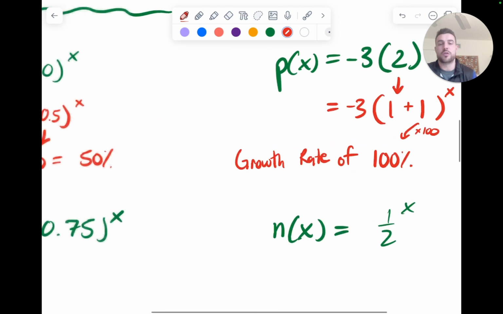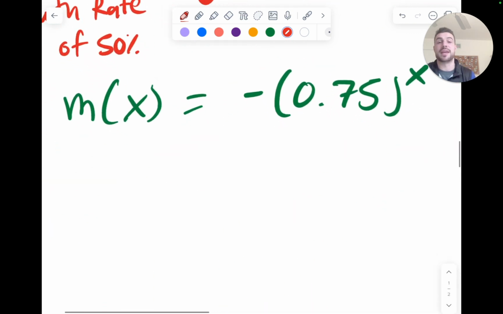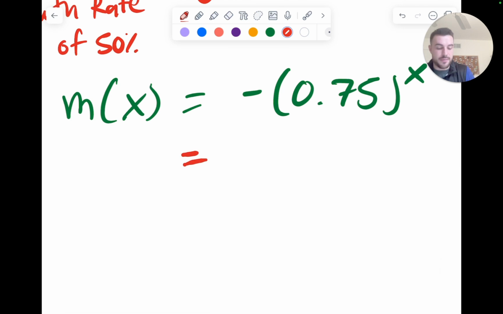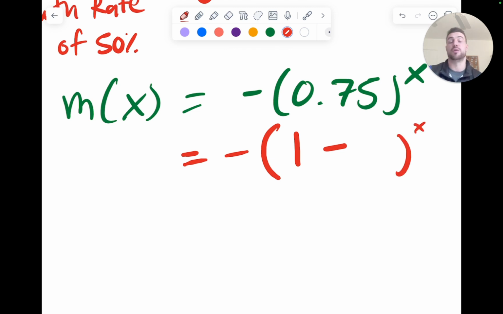Now, these are all growths, but we also got some examples of decays here. Exact same idea. We still have the negative in front. We're not really worried about it right now. Instead, what we're going to do is we're going to start with a 1, and now our base value is less than 1, so I'm going to subtract. Now you think about what am I going to subtract to go from 1 to 0.75, and the answer is 0.25.